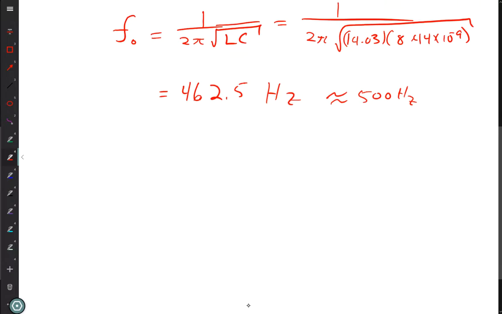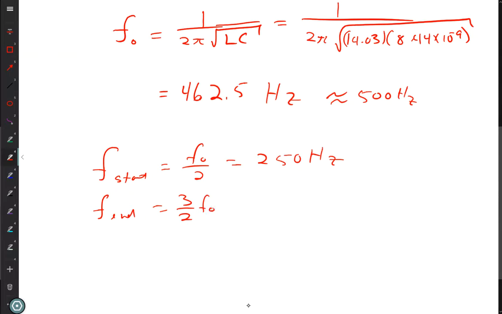And then I'm going to choose my frequency start equal to F naught divided by 2, which of course, half of 500 is 250 hertz. My frequency end is equal to 3 halves F naught, which is going to be 750 hertz. And my delta frequency is going to be F naught divided by 10, which is 50 hertz.